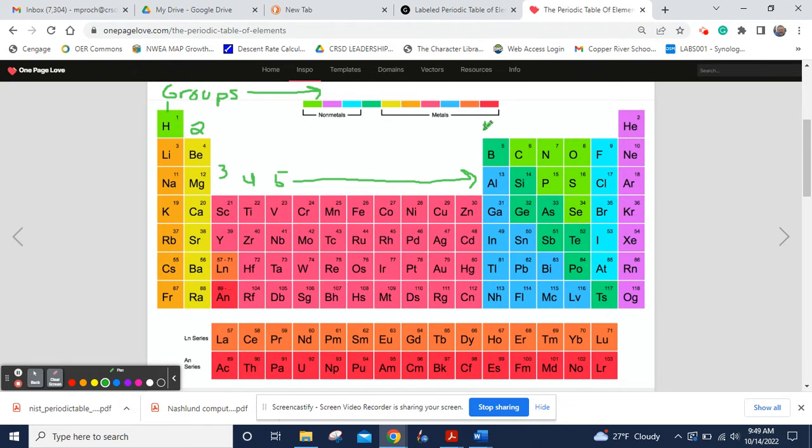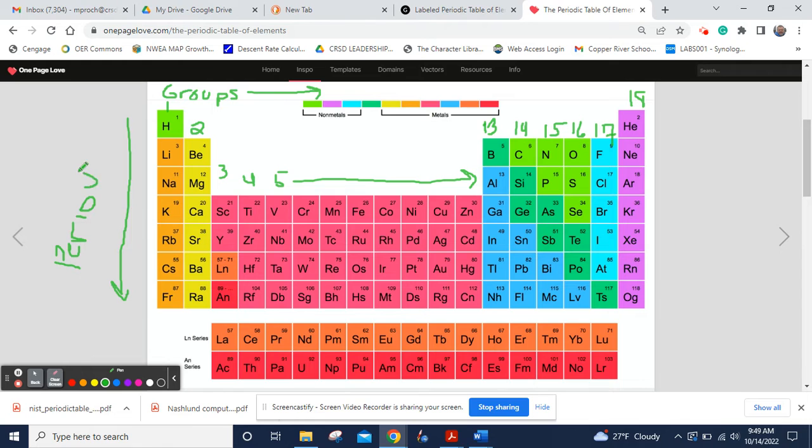This is 13, this is 14, this is 18. You just fill all these in. I'd fill them in on a periodic table that you have, so you kind of get an idea. So on the periodic table, you have 18 groups. You also have something that goes down this way, and these are called periods. See if I can write this sideways.